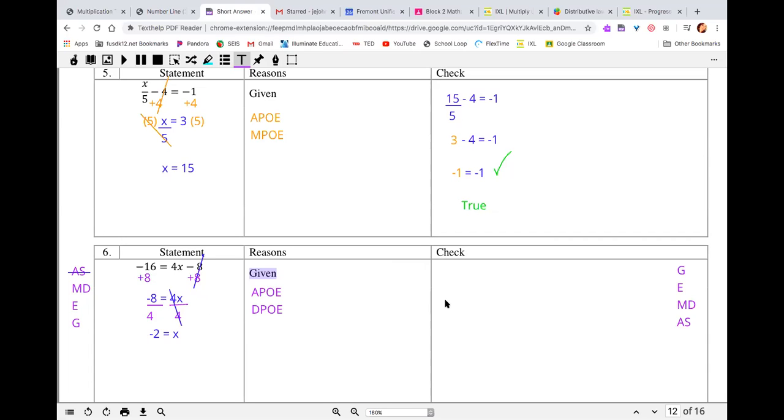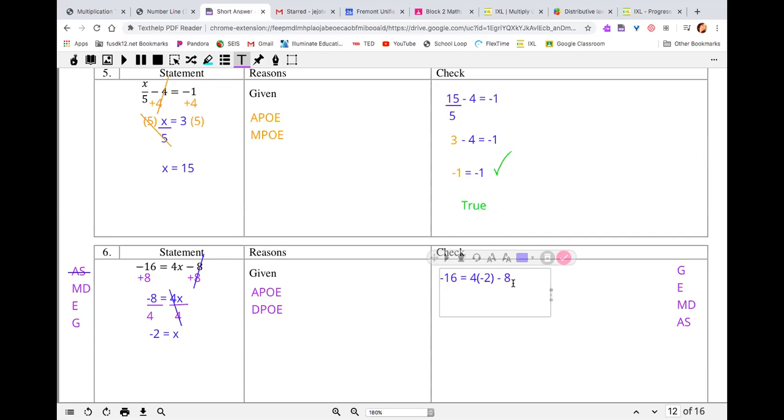Great. What do I do over here on the check side? Check it if it's right. Okay. So I'm going to rewrite the problem with the answer I got for x. 4, and we said it's -2, minus 8. Okay.